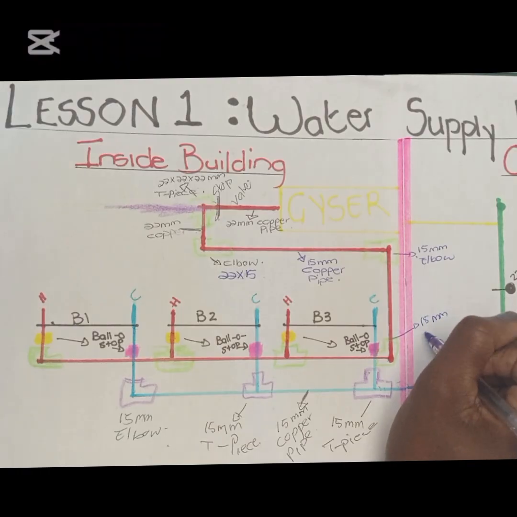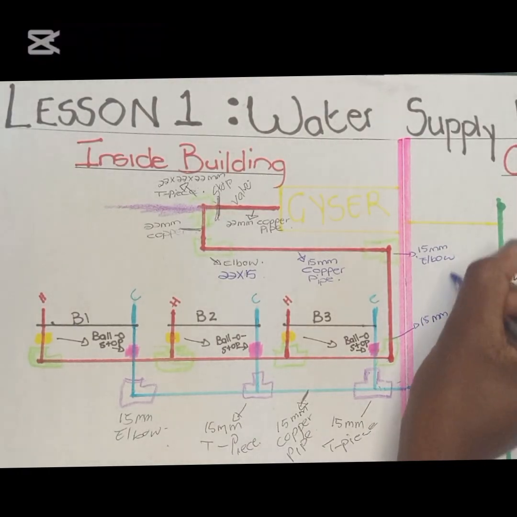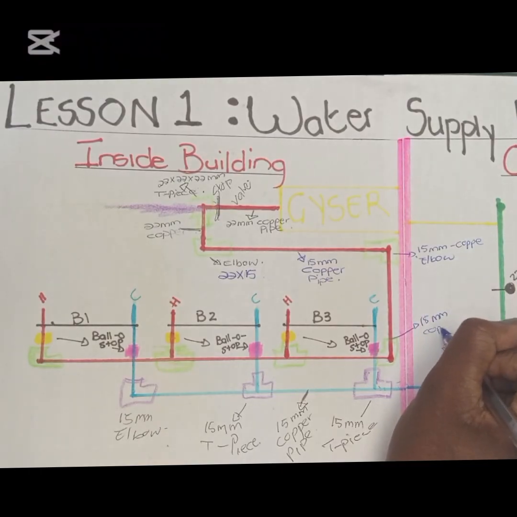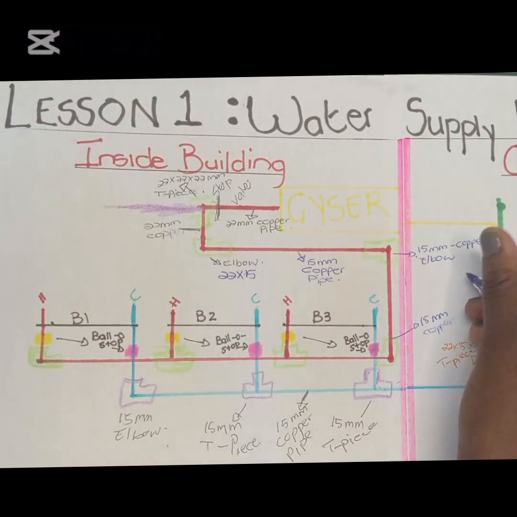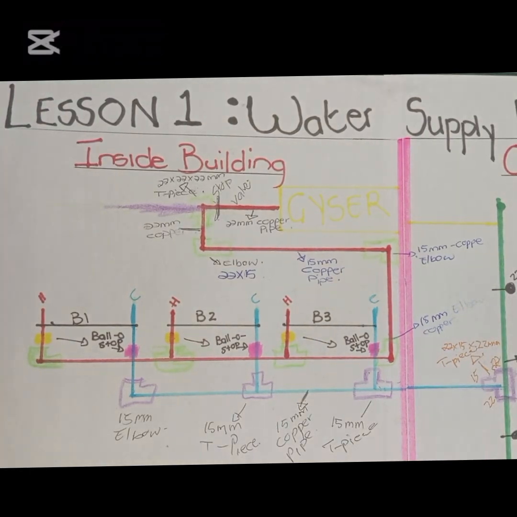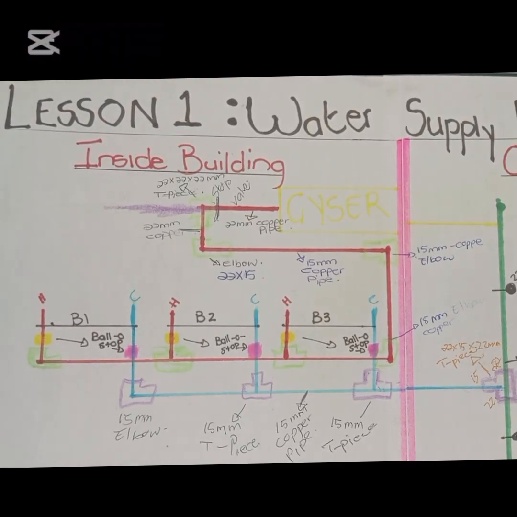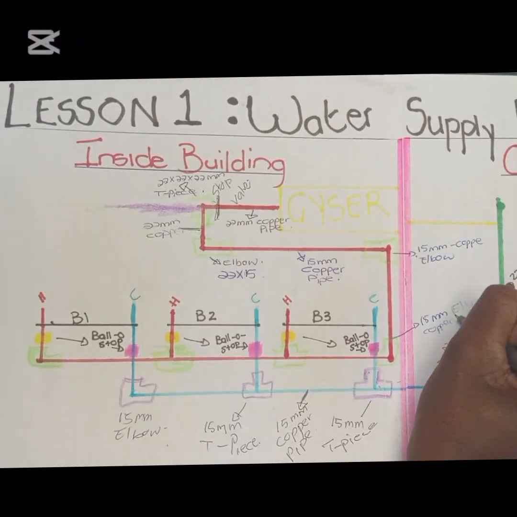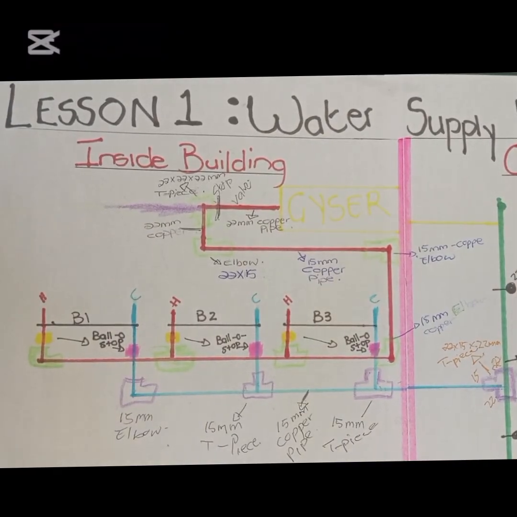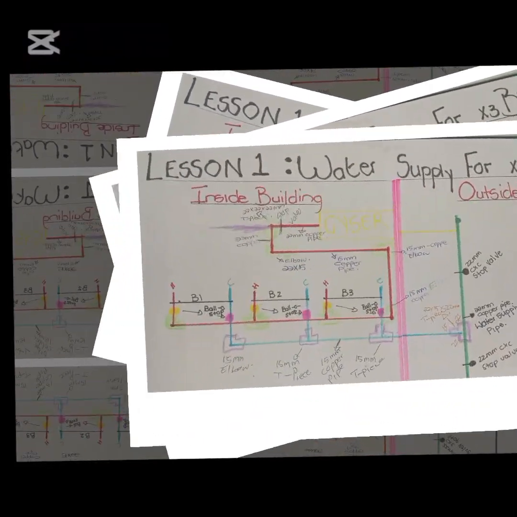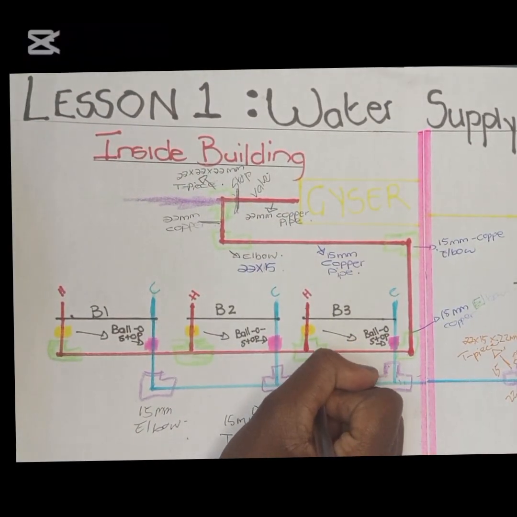Now, which elbows are these? Copper, of course. I'm just going to keep on changing pen because my pens are disappointing me. Let's try white. And as you know, T-pieces.